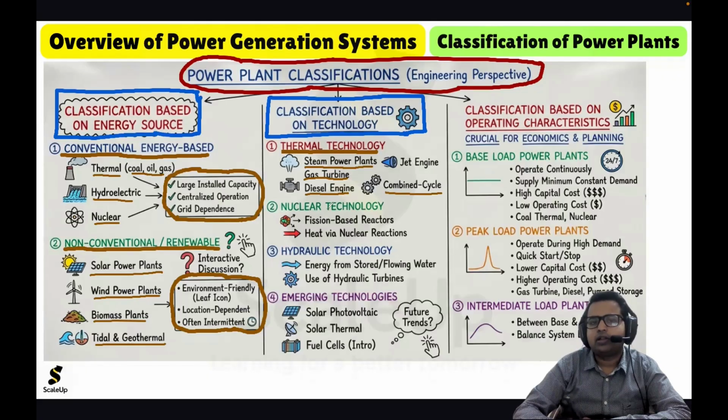Now the next technology is the nuclear technology. In nuclear technology, we have fission based reactors, which act like the power plant. Nuclear fission, you know the reaction: fission means breaking of an atom. When you break the atom, huge energy gets emitted, and that energy is used to rotate the turbine and hence generate electricity.